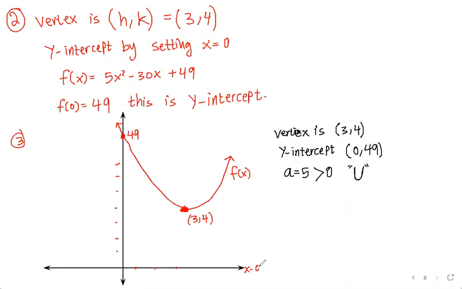This is the x-axis, and this is the y-axis. Any questions so far for the third part? How to graph? To graph, I need the vertex, the y-intercept, and A.